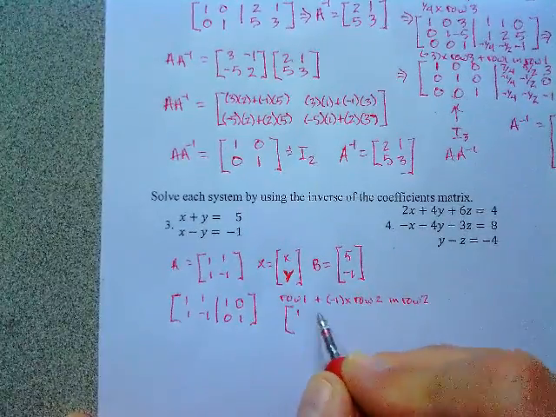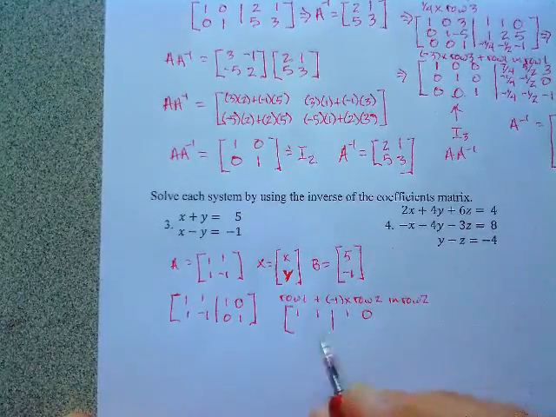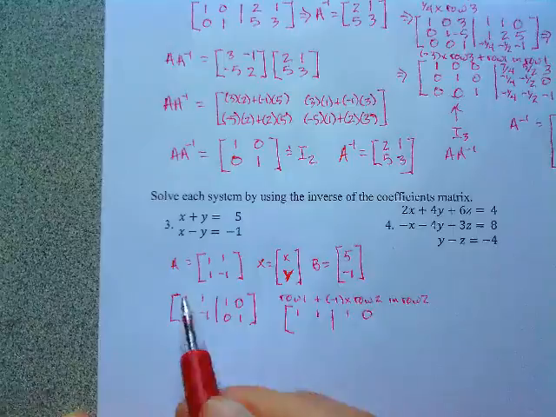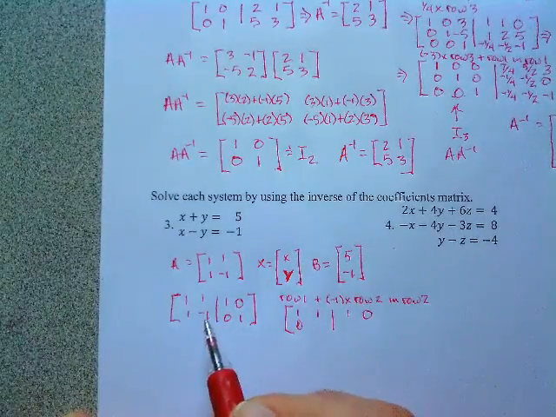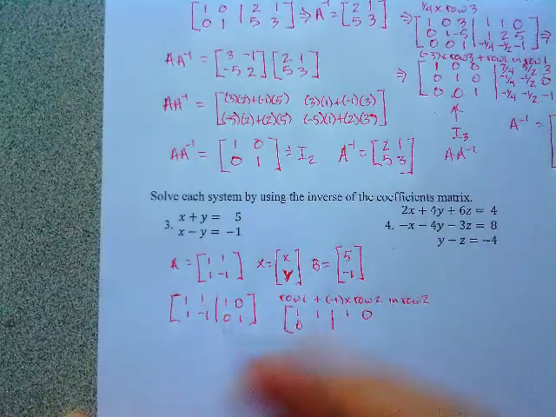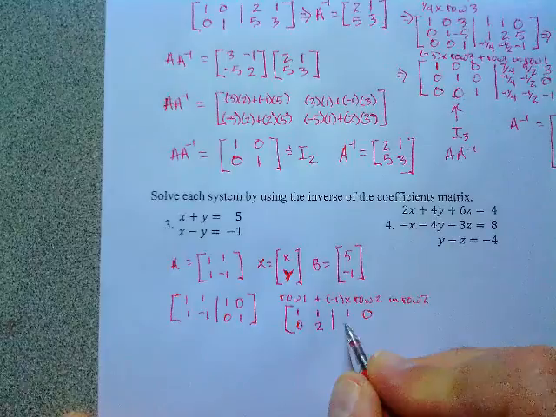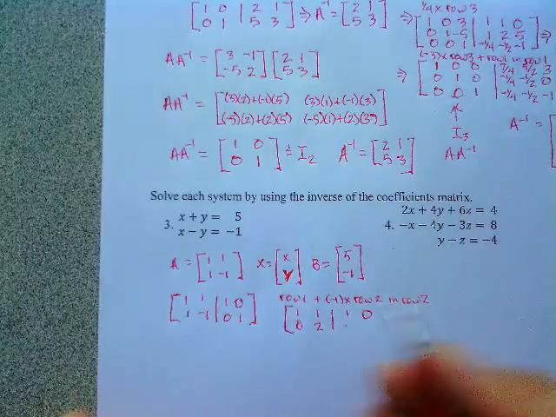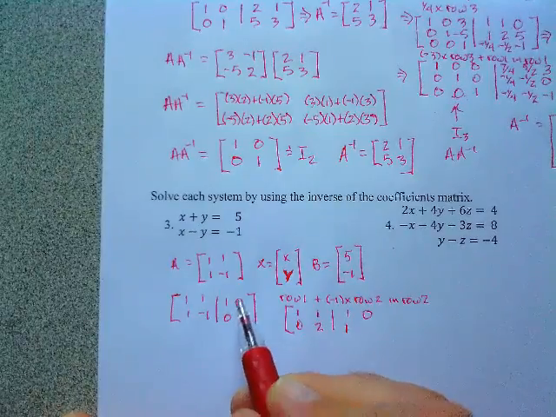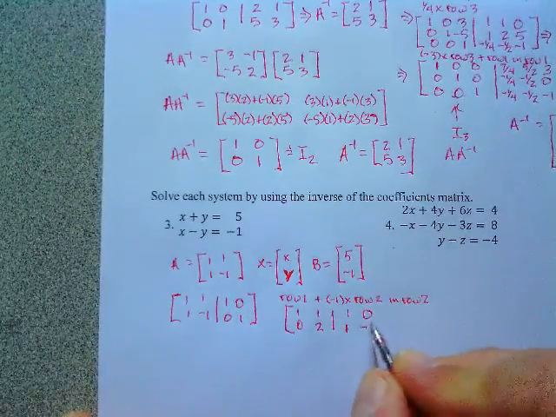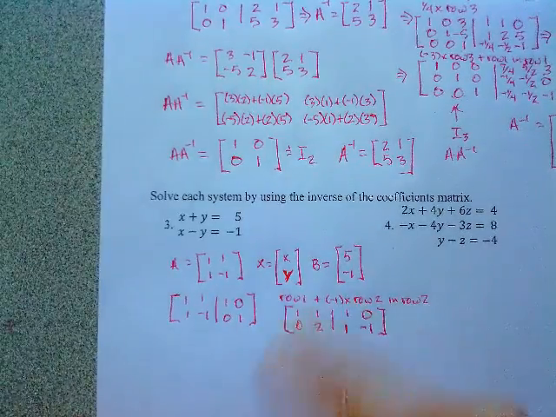So we're not changing row 1 at this point. But negative 1 plus 1, that would give me a 0. Negative 1 times a negative 1 would be 1. 1 and 1 would give me a 2. 0 is going to be 0. 0 plus 1, so that gives me a 1. And then negative 1 plus 0, that gives me a negative 1. Okay, so that's the first thing we did.